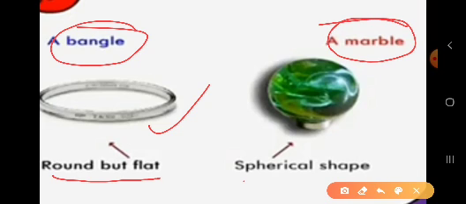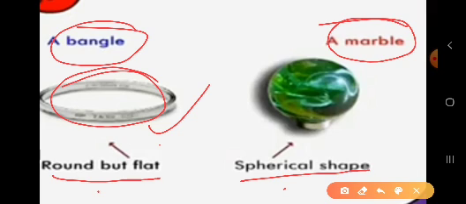This is spherical in shape. So children, can you see the difference between the two? This one is round but flat and this one is spherical.